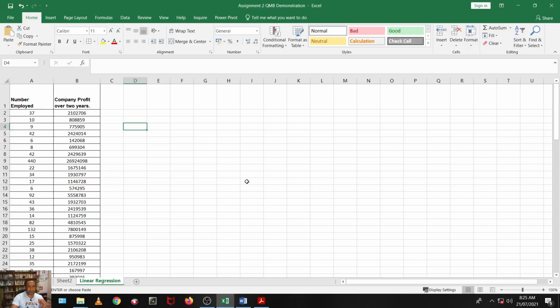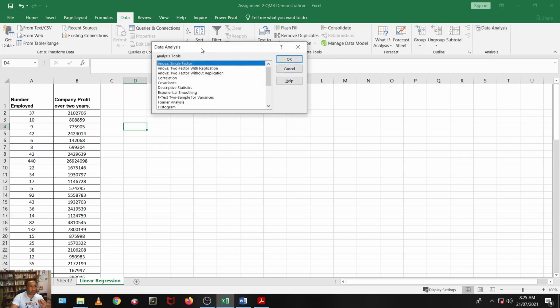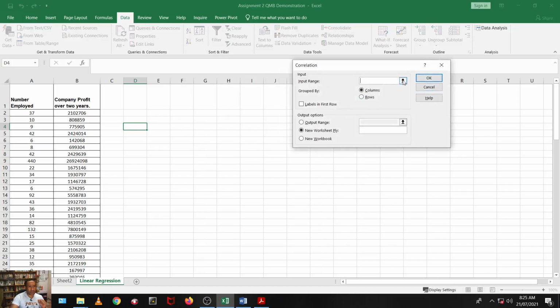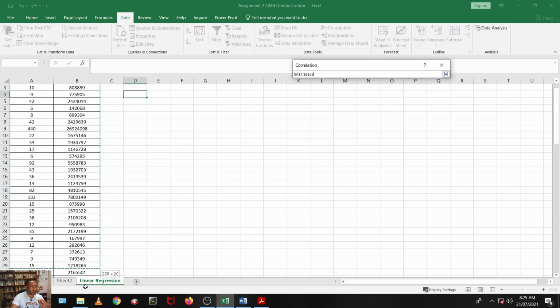two variables. So in order to do the correlation analysis in Excel, we go to Data. We'll click Data Analysis, and we're going to select Correlation. Okay, so for the input range, I'm going to select these two variables, all of them.